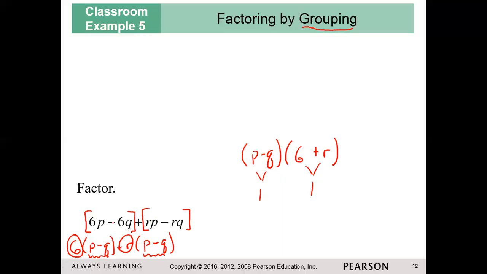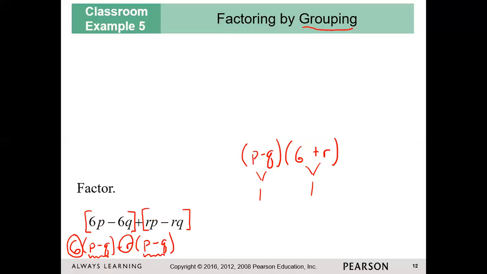So again, you look at the first set of parentheses or brackets, find out what they have in common, take it out. Go to the second one, find out what they have in common, take it out. And the key is recognizing that you have the exact same stuff in both sets of parentheses. You have the exact same binomial here: a p minus q and a p minus q.